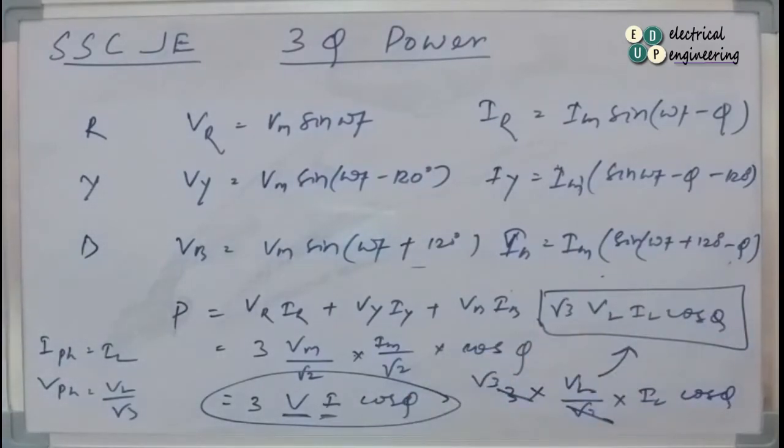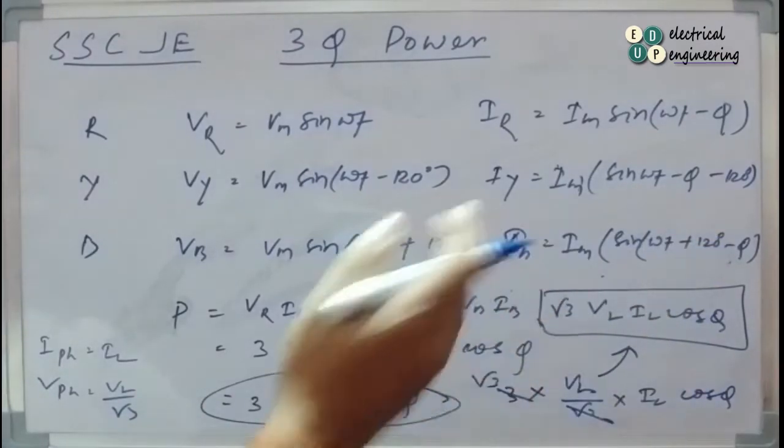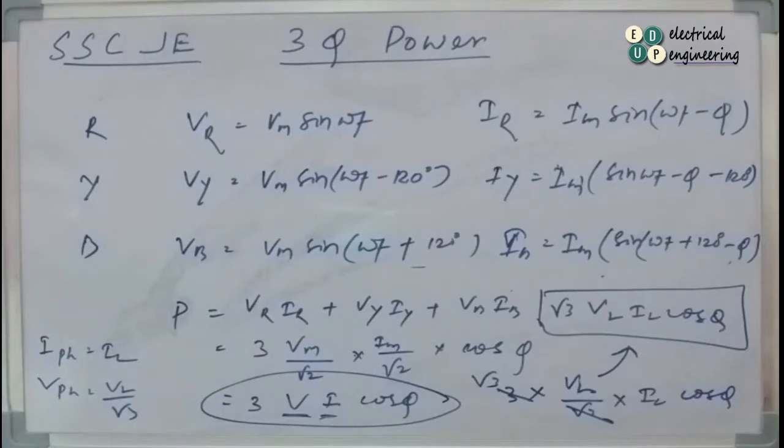In the same way, you can also find the same equation for delta connection: root 3 VL IL cos phi. That's why the total power in case of three phase is constant, whatever the connection, star or delta.